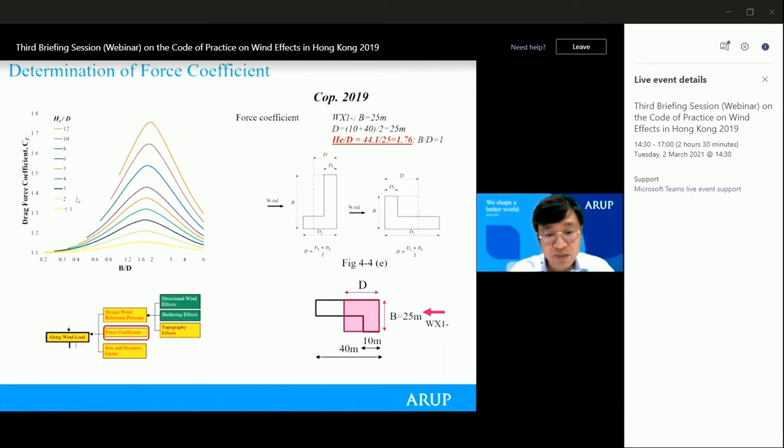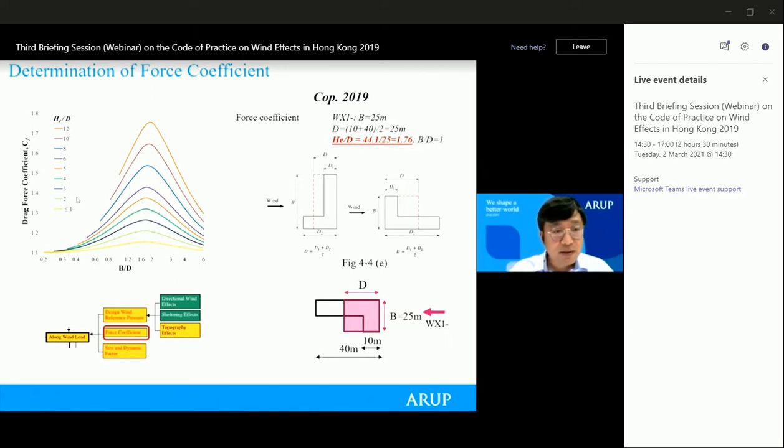So the projecting breadth is 25 meters. That's the breadth. And for the depth, following figure 4.4e in the COP, the depth should be the average between the two depths on the two sides. So it is the average between 40 and 10, which is 25. That's the D.